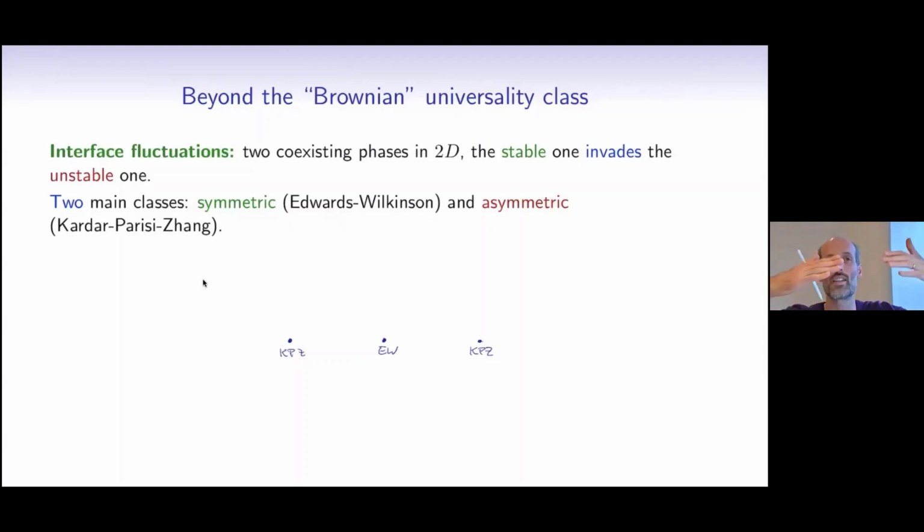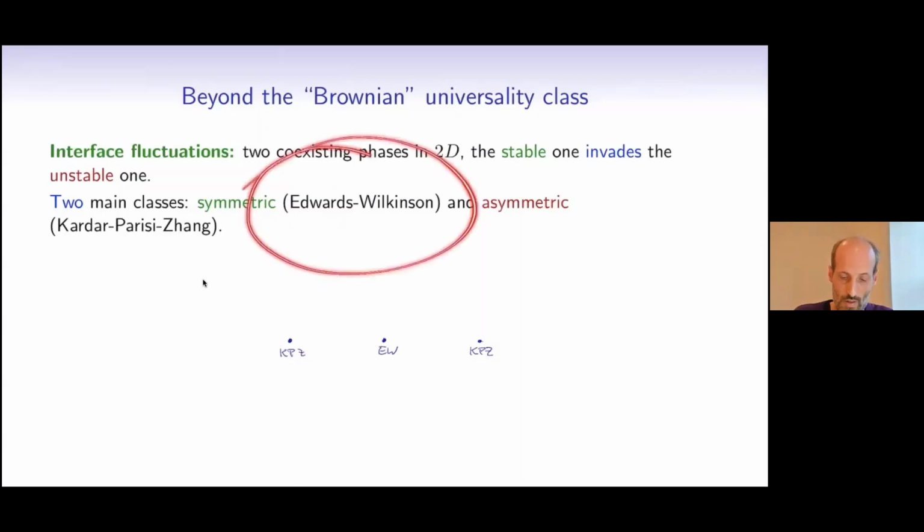So where it isn't the case that one of them invades the other one, but fluctuations can go both ways and they're symmetric in both ways. And it turns out in that case, the fluctuations tend to be Gaussian again. And that's what's called the Edwards-Wilkinson universality class. In this case, it's some sort of extension of Brownian motion where instead of just depending on time, it depends on space and on time. But still, everything is somehow Gaussian.